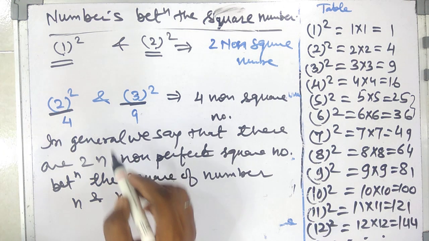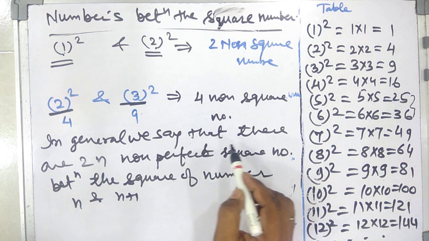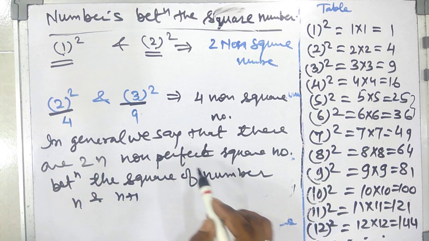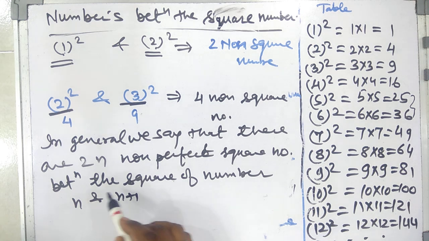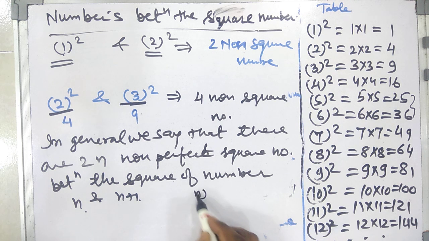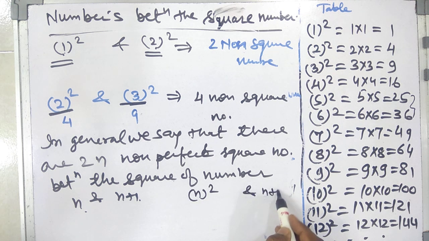Students, in general, we say that there are 2n non-perfect square numbers between the square of number n and n plus 1. It means between n square and n plus 1 square, 2n non-square numbers.